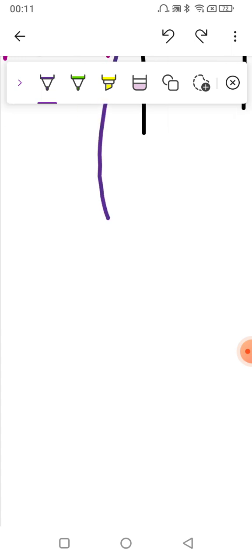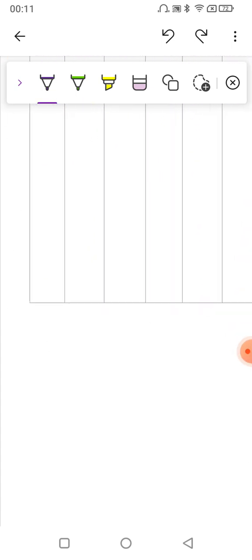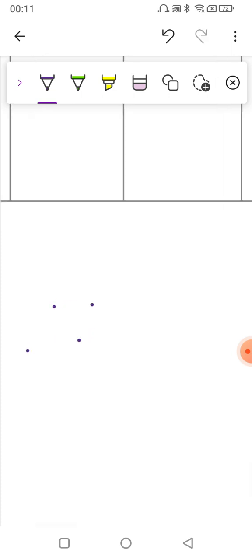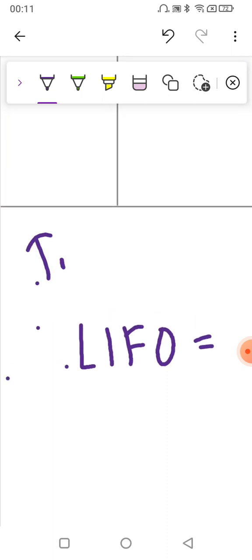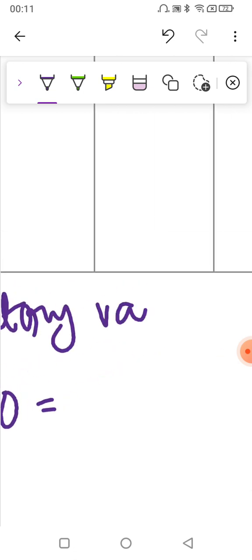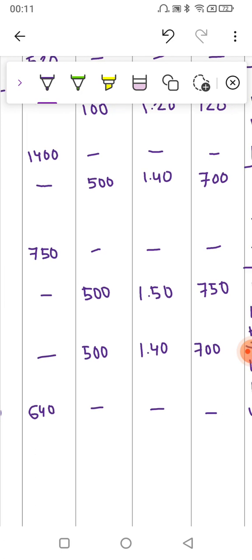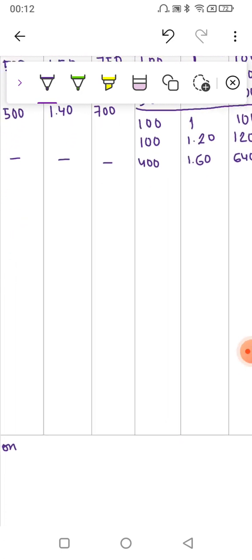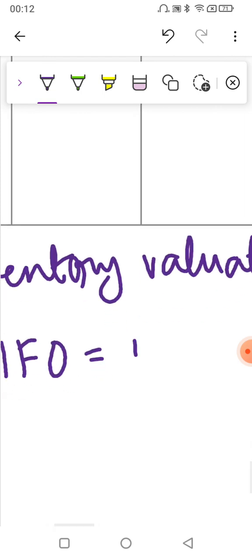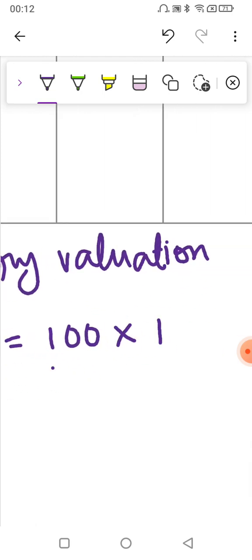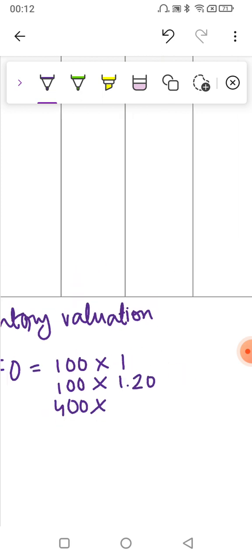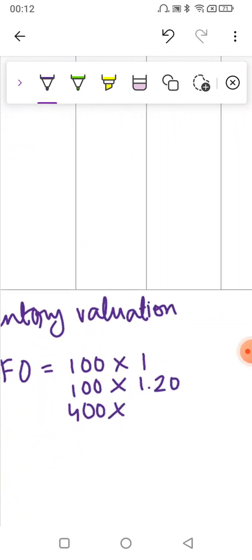So we're going to write, therefore, under LIFO, the cost of the inventory valuation will be, see, check 100 of 1 rupees, 100 of 1.20, and the latest that we had purchased, that was 400 units for the amount being 1.60.